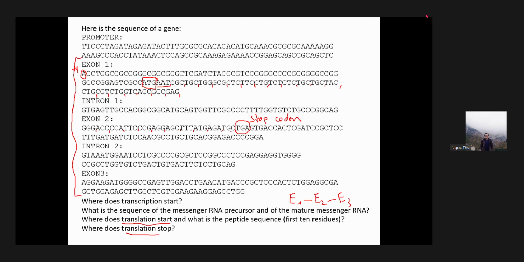So that means that the translation will stop here. So all the region here is a 5' UTR, and all this region here to the end of exon 3 is a 3' UTR.